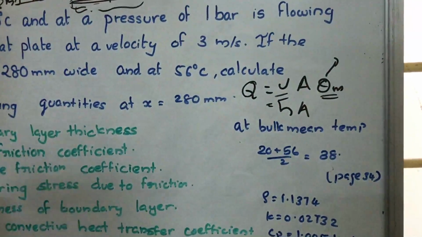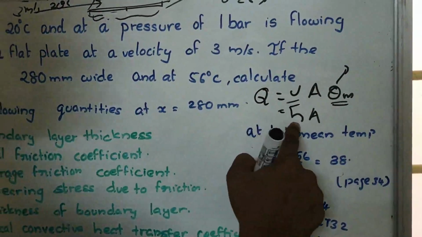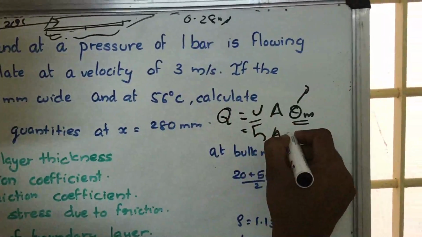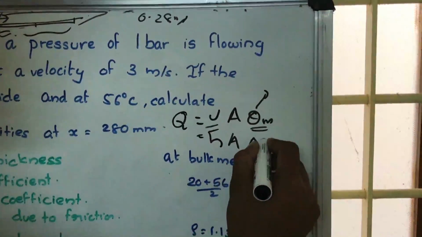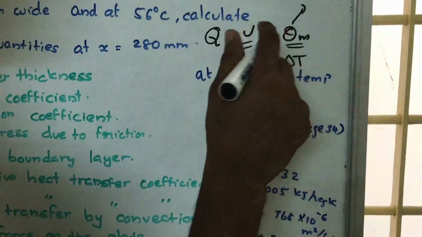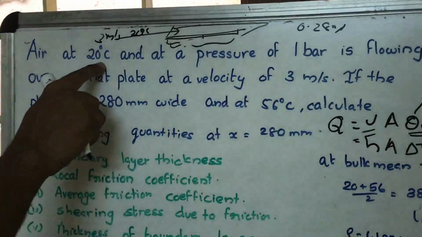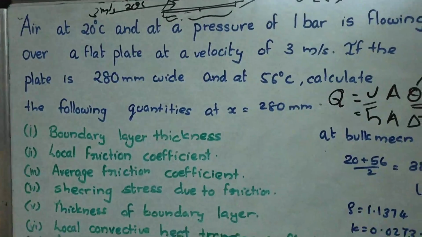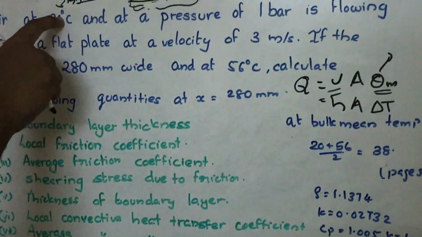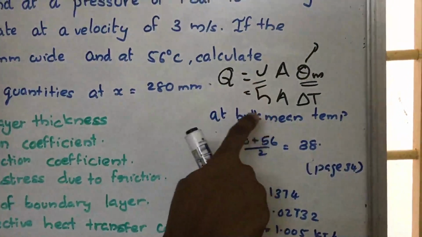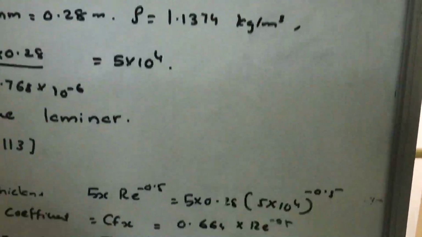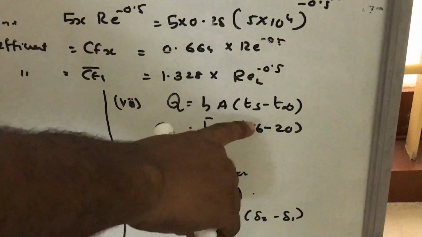But if it is H, we do not want that logarithmic, we want just temperature difference, that is delta T. Delta T means temperature difference, and here the temperature difference is between the air and the flat plate, that is 56 minus 20. So Q is equal to HA Ts minus T infinity.